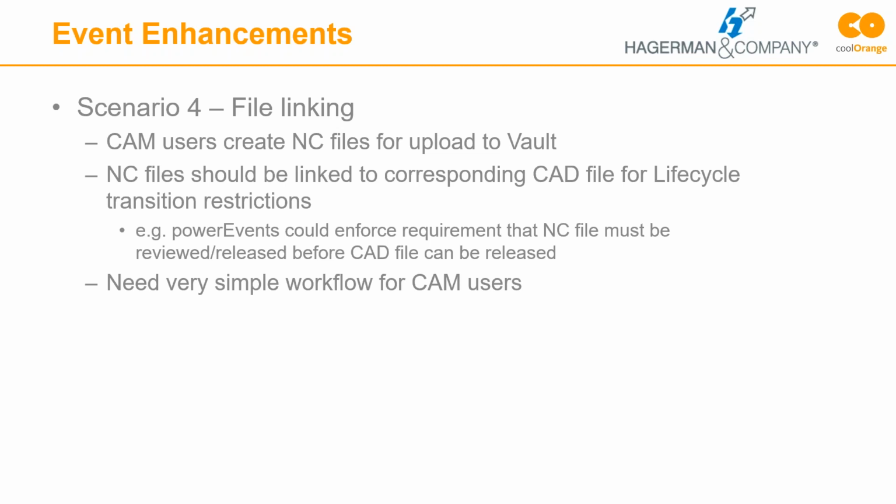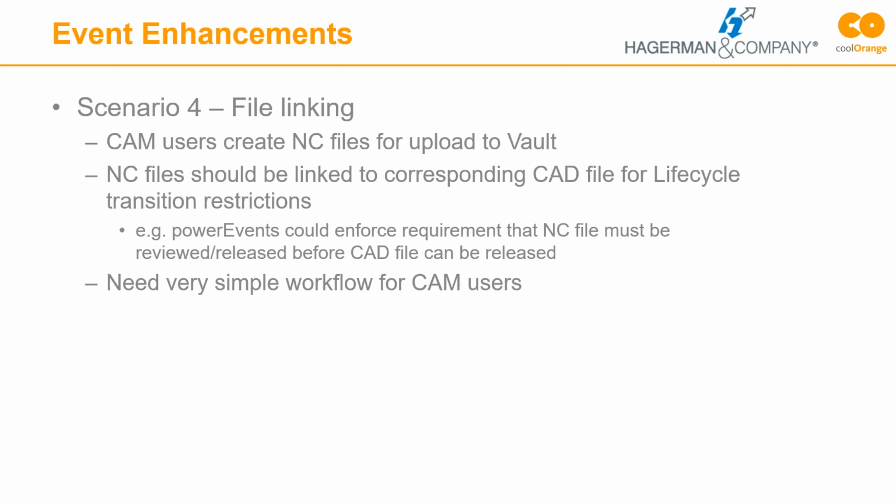And we want to make sure that those machine files are actually representative of what we're supposed to be building. So we want to enact the process where we manage those NC files. We want to associate those with the related CAD documents. And we want to make sure that those NC files go through a review process just like the CAD documents. That way we know when we load up a program on a machine, it's going to make what we want it to make.